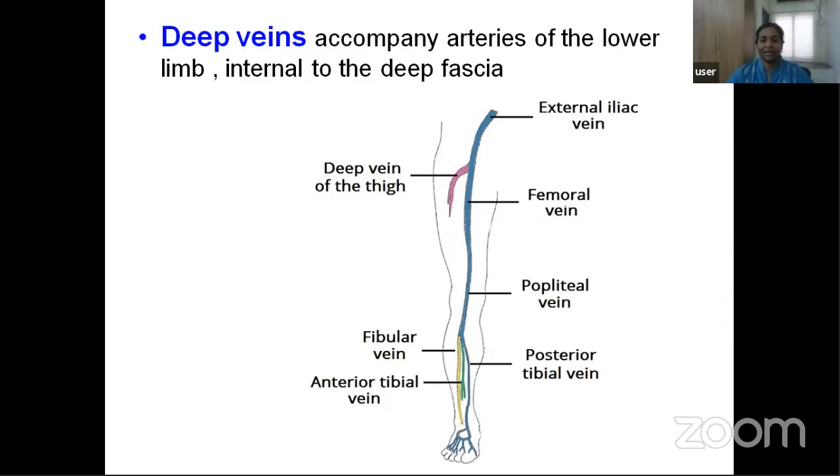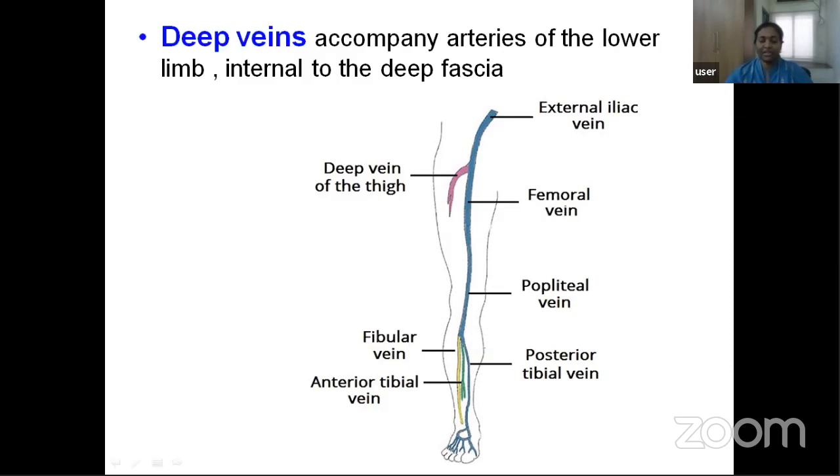Same here, the veins correspond to the arteries. We have an anterior tibial vein and a posterior tibial vein, which join to form the popliteal vein. The popliteal vein continues as the femoral vein, and the femoral vein opens into the external iliac vein. So the deep veins always accompany the arteries.